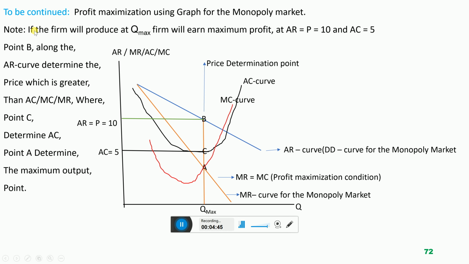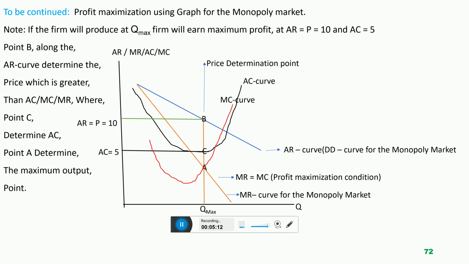For example, in the note we write that if the company is manufacturing this much quantity and the price for this quantity is 10 and per unit cost is 5, then per unit revenue is more than per unit cost. So this is clear profit: in 1 unit, 5 Afghani. In every unit the company is earning an extra 5 Afghani, and that is the maximum profit.